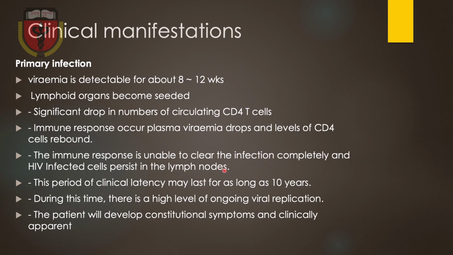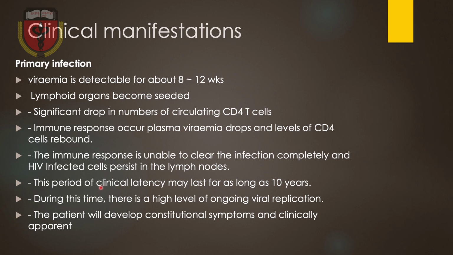If someone's immune response is not good, they are unable to clear the infection in the initial phase. And then the HIV-infected cells just persist in the lymph nodes, they just keep multiplying, and they keep going into some other parts of the body, some other parts of the lymphoid organs.